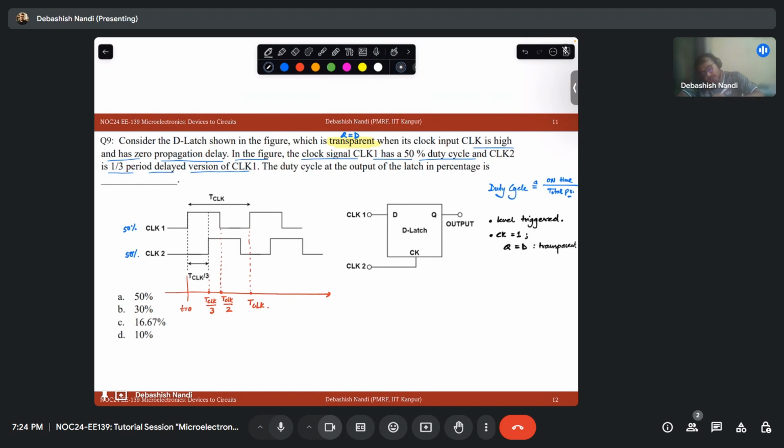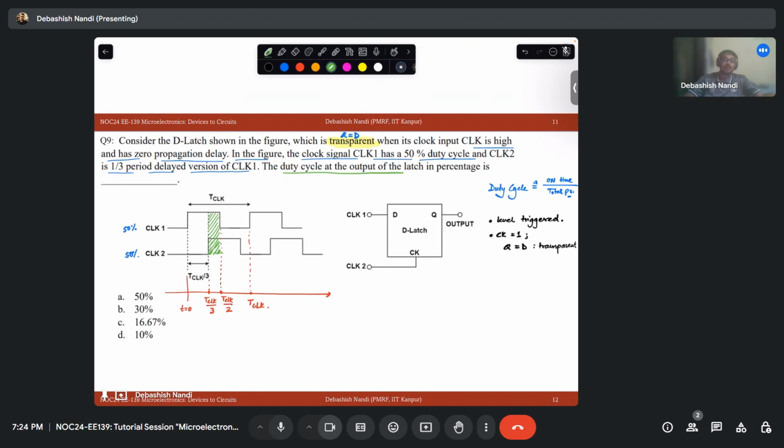So what is that period? If I just mark only this region, both clock and output are on, because we need to find out the duty cycle at the output. So we need to find out when my output will be 1.